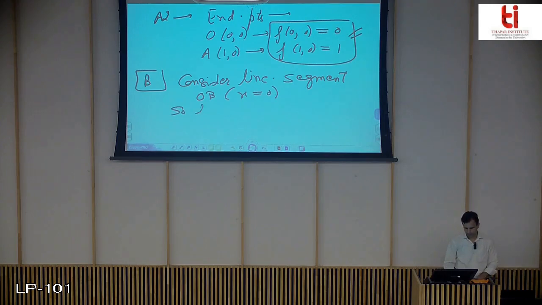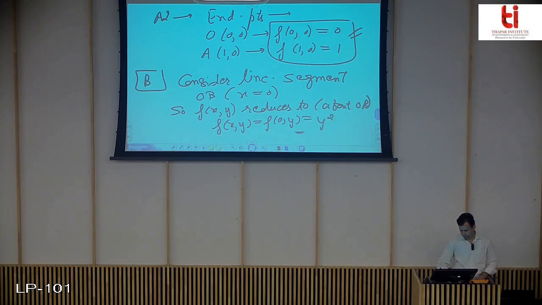So f(x, y) about OB reduces to f(0, y) = y square, which is h(y). Again a function of a single variable y.